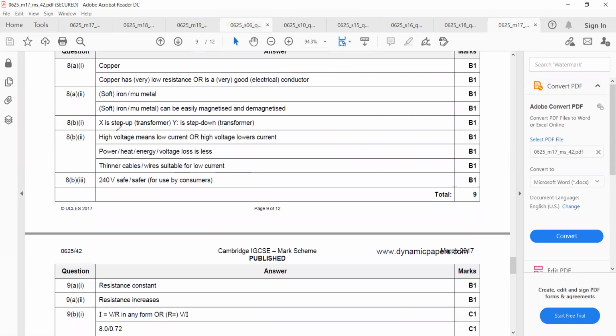So 1 mark: high voltage means there will be low current. So the power loss is less. And normally we have thin cables or wires which are suitable for low current. Like it cannot carry too high a current.